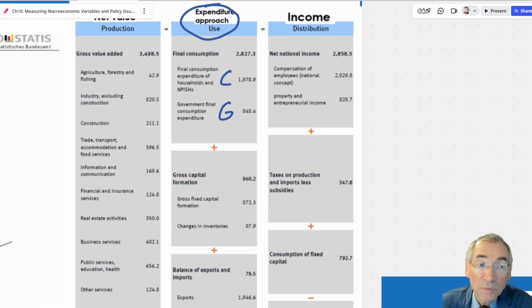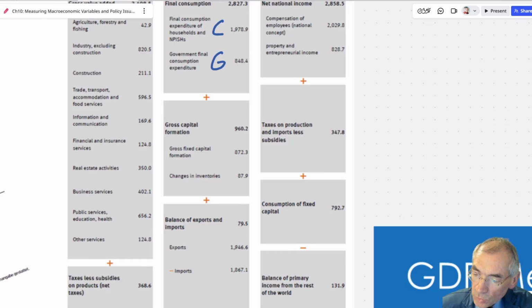A bit strange definition, but per definition, everything that the government uses as means, even if it pays civil servants, even if it builds a university, is defined as consumption. Whereas gross capital formation, you might recall that term, is what we call investment.